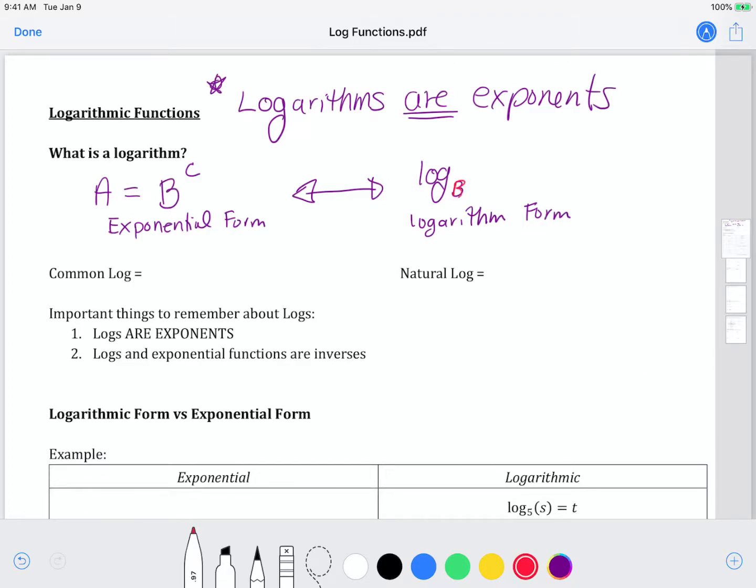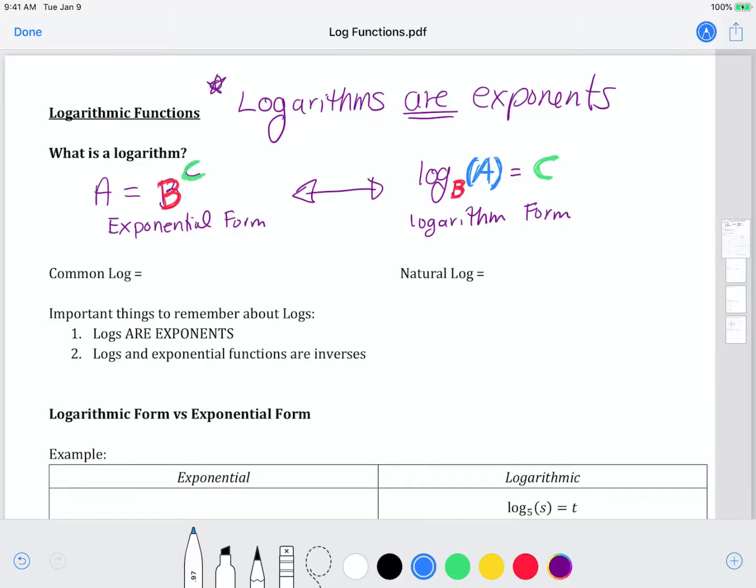This base b is going to be the same as this b here. Then we would have a, sometimes you'll see it with parentheses, sometimes without, and that's equal to your exponent, because a logarithm is an exponent. So that's c. So this should be the same c as this.